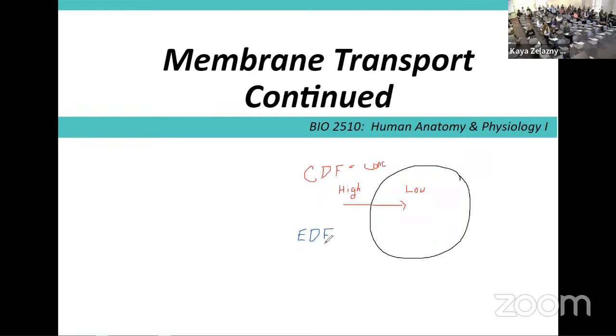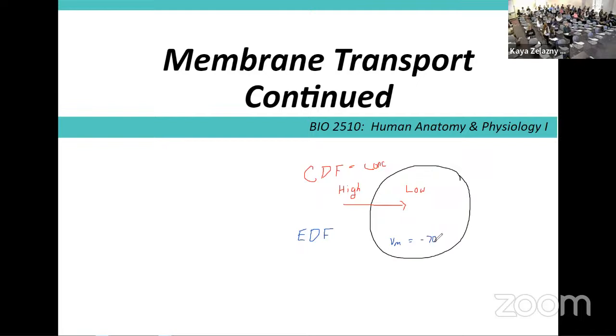So when I said that we care about only sodium when we're thinking about, for example, the chemical driving force, it's a little different with the electrical driving force. I said that because when we think about the membrane potential, the Vm, the membrane potential of our normal cell at rest is negative 70 millivolts.